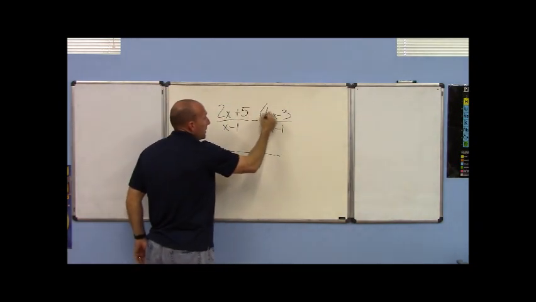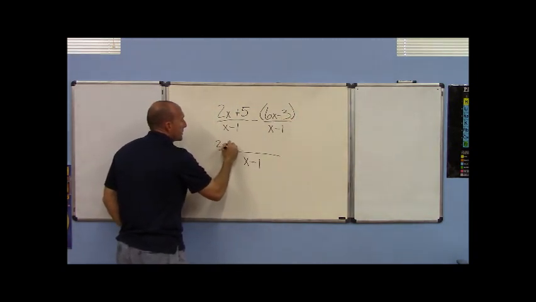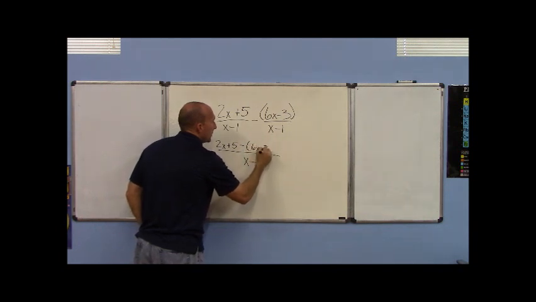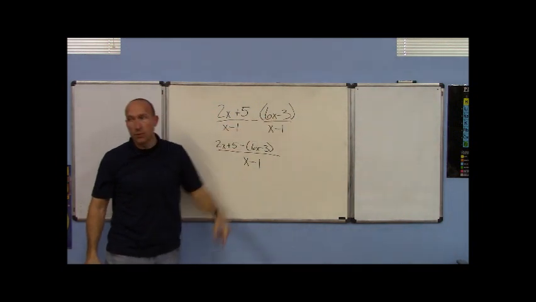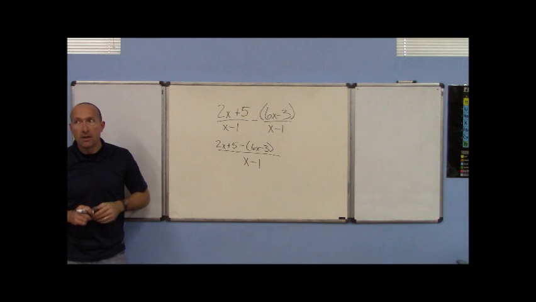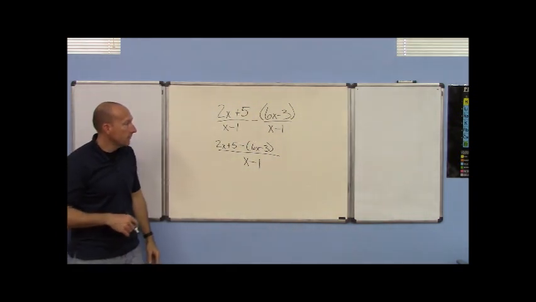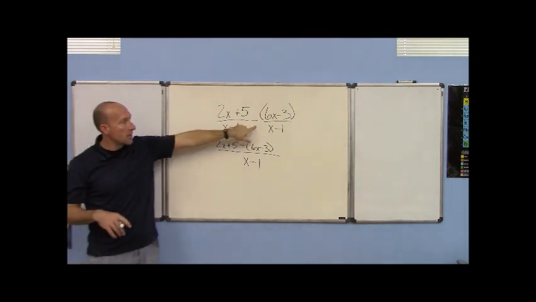This has to be a group. So we have 2x plus 5 minus 6x minus 3. That negative sign affects both of those terms. Does that make sense so far? So once again, we have to pay attention to the signs. Not the stars signs, not prophecies, but the signs.